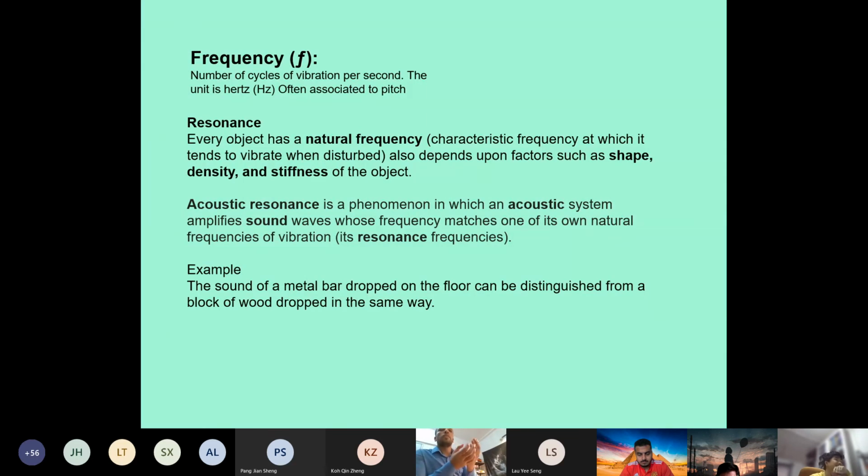So this room that I created is resonating with the frequency of sound that I'm giving. It's like this room has a natural frequency, so when you give it that natural frequency, it will vibrate. My air blowing and the frequency of this room resonated together.